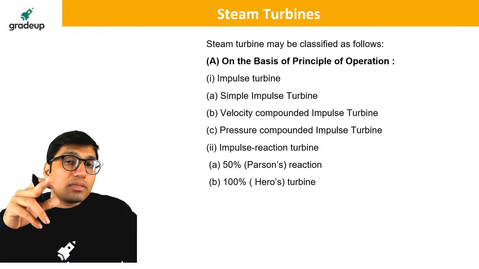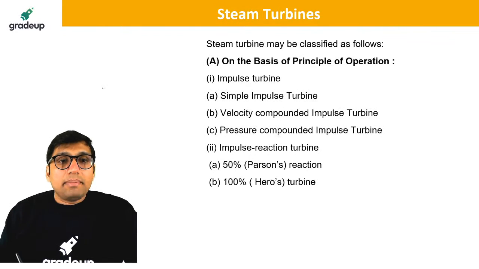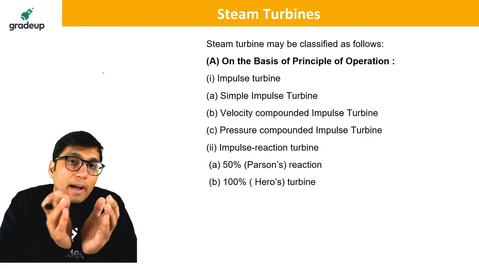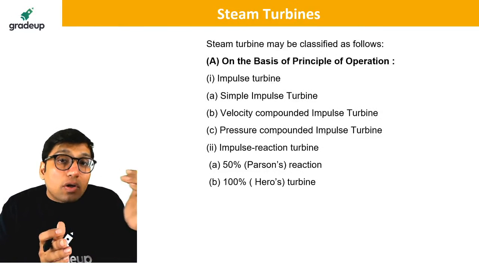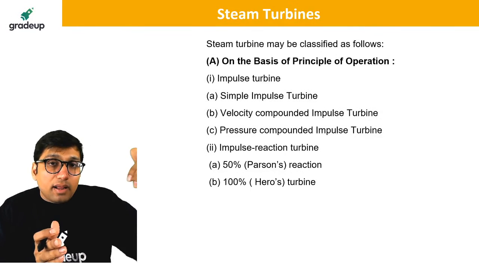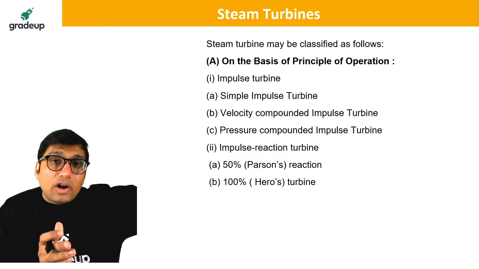So basically what happens in the case of steam turbine, just before the turbine we are having a nozzle. The steam from the boiler will not enter directly into the turbine.